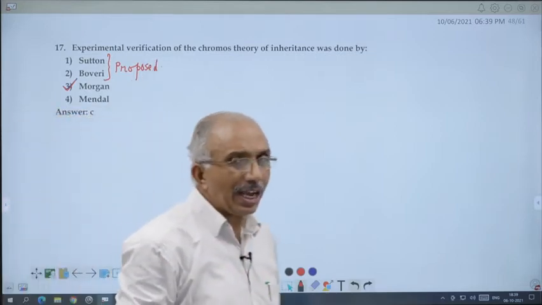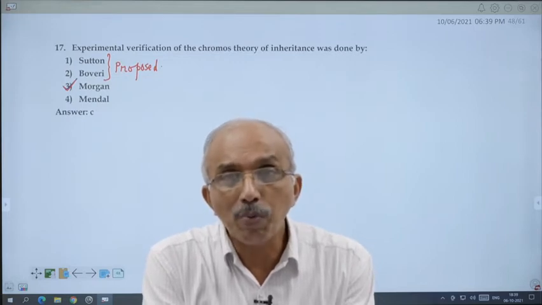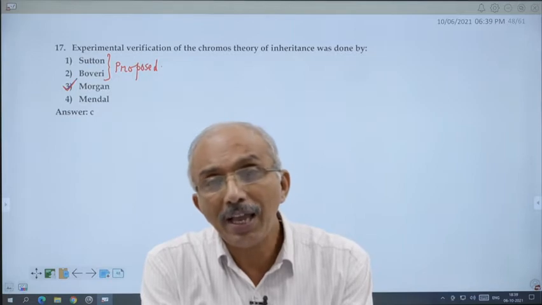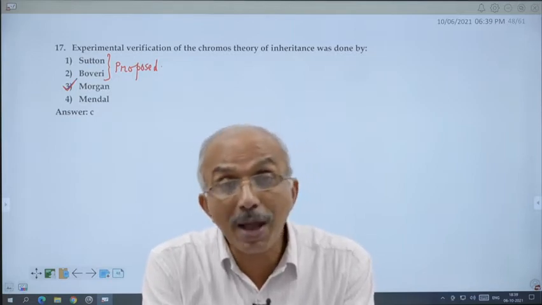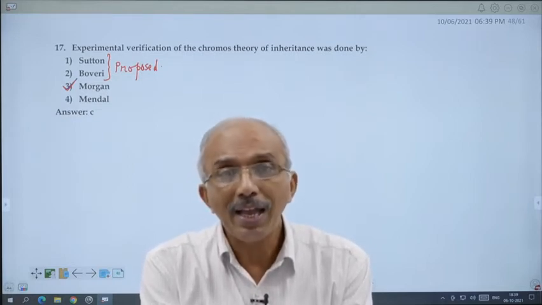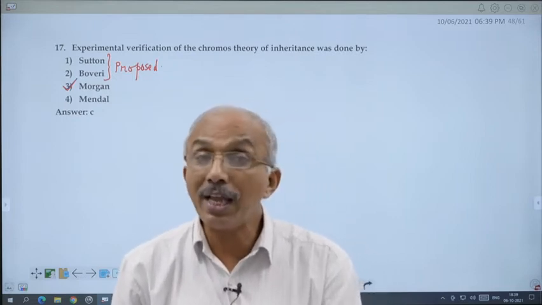In biology, somebody may propose, but the proof or evidence is provided by some other scientist. Here it was proposed by Sutton and Boveri, and proved by providing experimental evidence by Morgan.